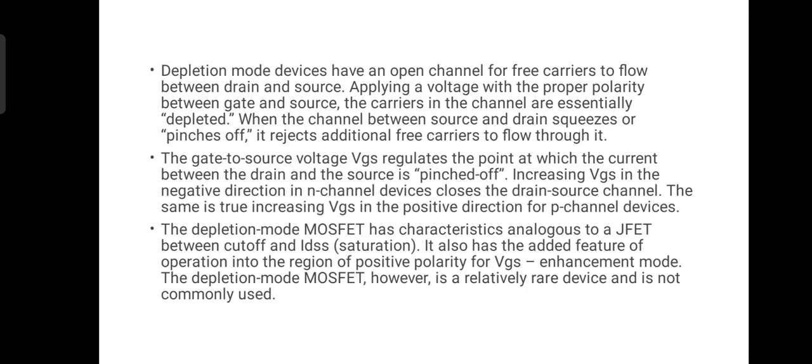The gate to source voltage VGS regulates the point at which the current between the drain and the source is pinched off. Increasing VGS in the negative direction in N-channel devices closes the drain source channel.